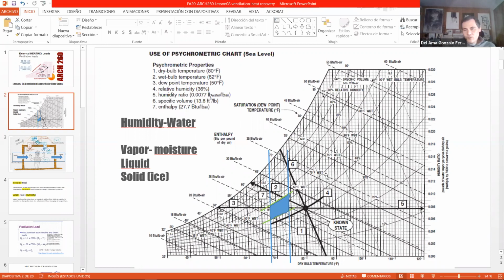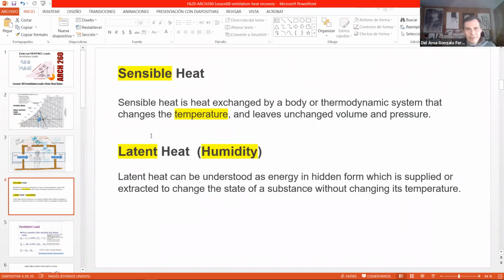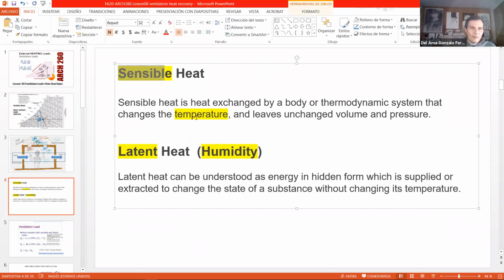Okay, so we need to know how we can get these values from this psychrometric chart, because at least today we will have to calculate the wet bulb temperature. Okay, then we have sensible heat and latent heat. So this is important as well. Sensible heat has to do with temperature. When we are changing the temperature of the air, we are changing the sensible heat.